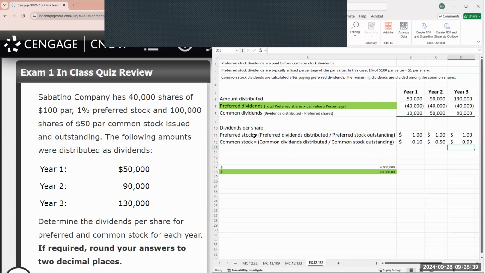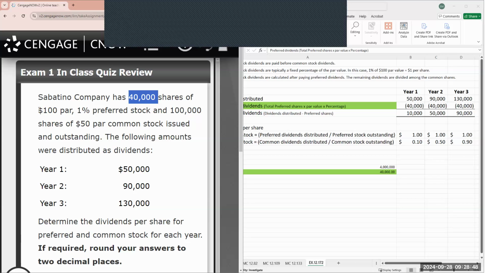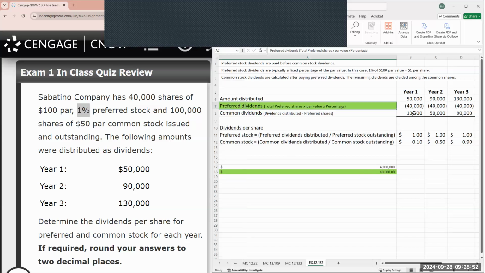All right. So the key thing to keep in mind is that for the preferred dividends, we need to determine the amount that we are guaranteeing to pay. So it's 40,000 multiplied by 100 multiplied by 1%, and that lets us know that we have to pay our preferred shareholders $40,000 minimum each year. And the difference is going to be distributed to the common shareholders.